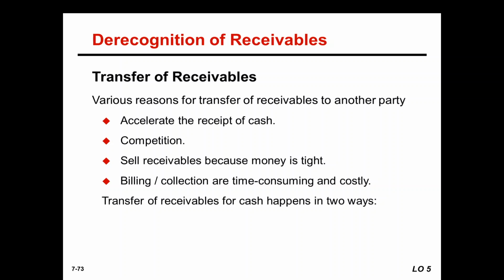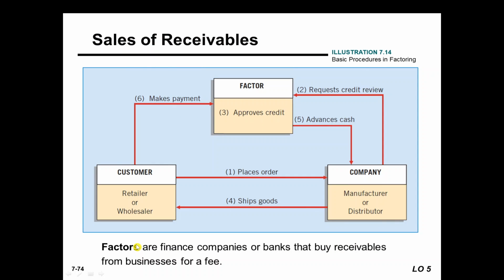They need people to collect the money, so they can sell the receivable to banks, and the bank can collect it at their own expense. So transfer of receivable can happen in two ways. First, the sales of the receivable, and second, secured borrowing.